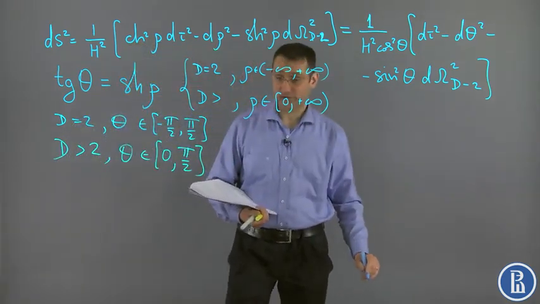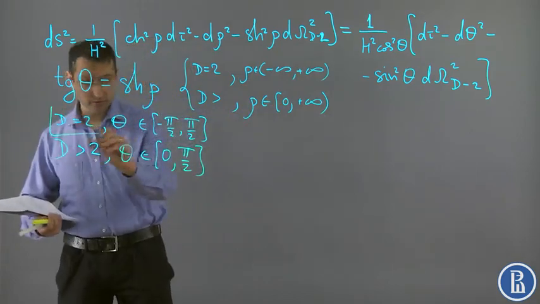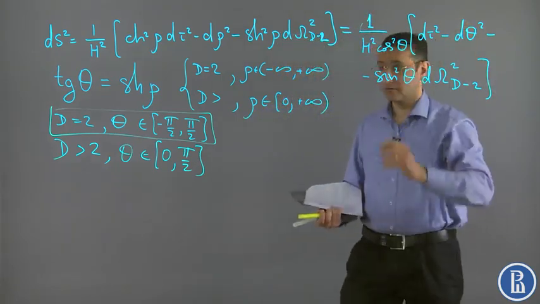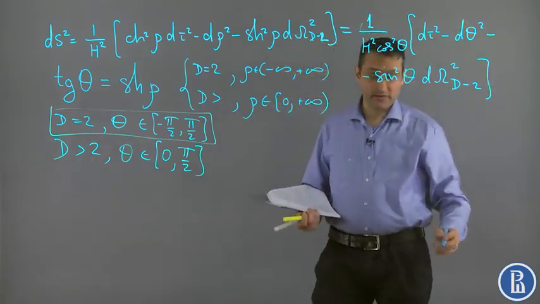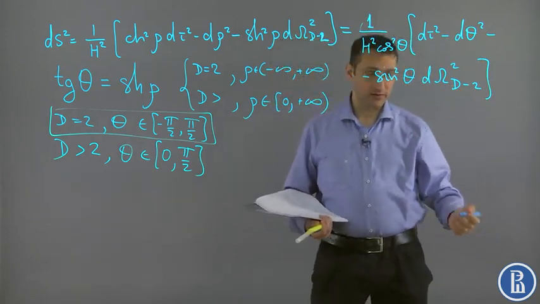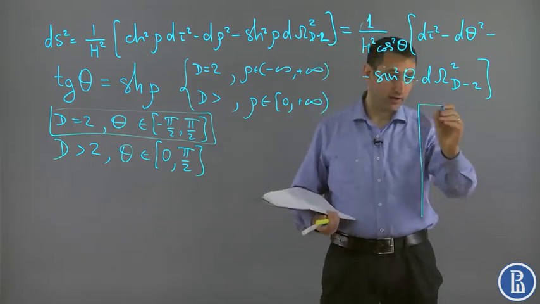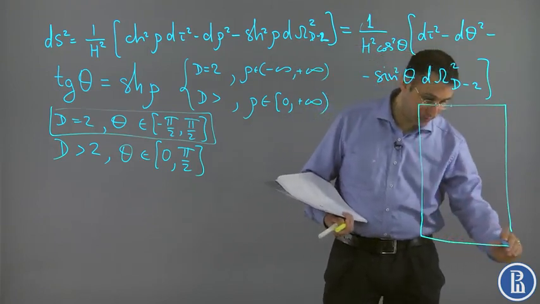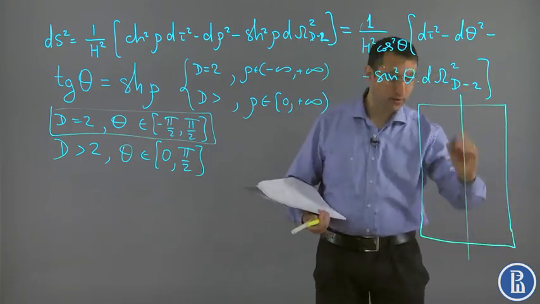And we have two different situations. For d equals 2, the Penrose diagram is exactly the same one as we had in the case of de Sitter space, which is just this rectangle, but rotated by an angle of pi over 2. So this is the timeline, tau.